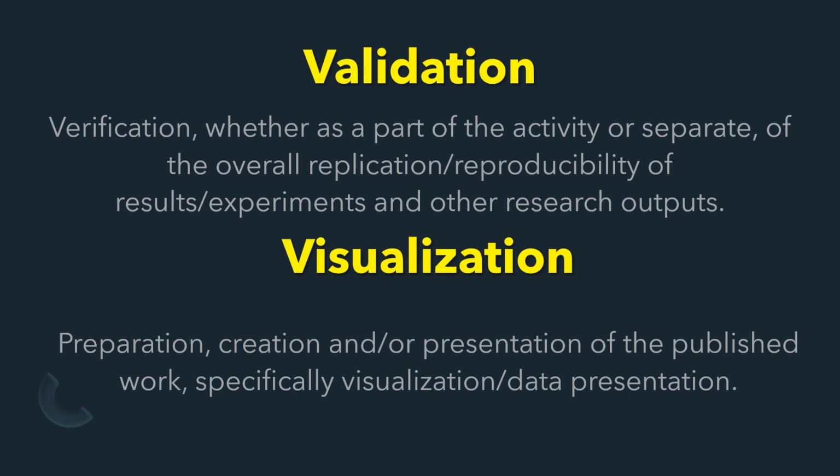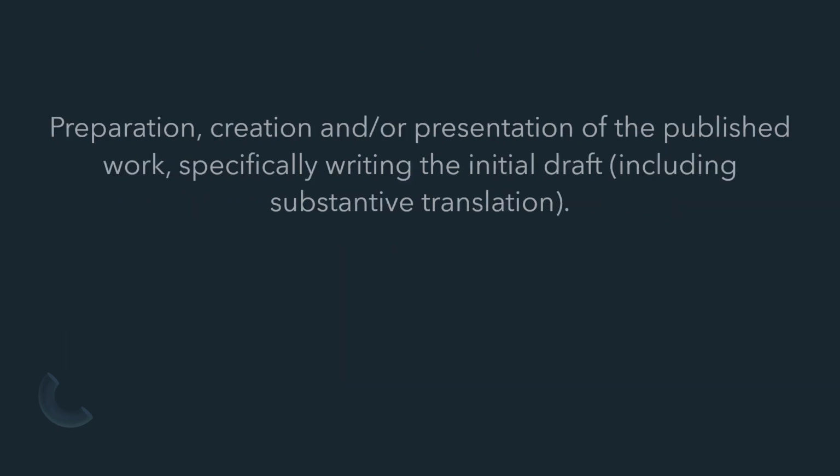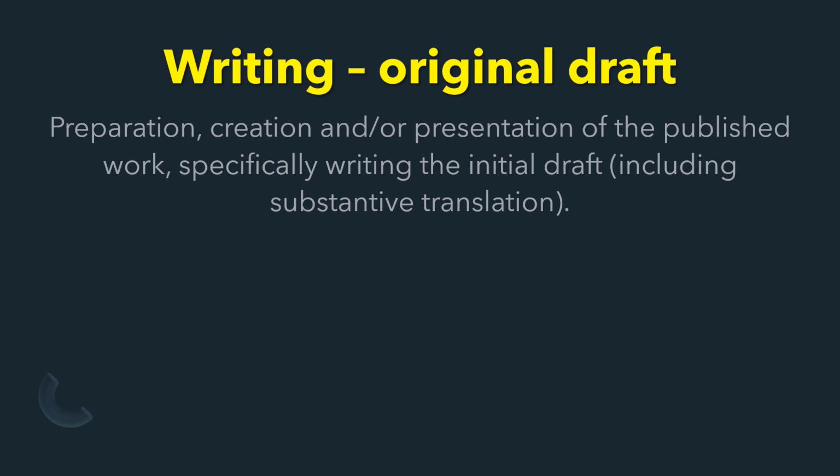Then visualization, that is preparation, creation or presentation of the published work, specifically visualization and data presentation. Then we have writing, the original draft, that is preparation, creation, and presentation of the published work, specifically writing the initial draft, including substantial translation.